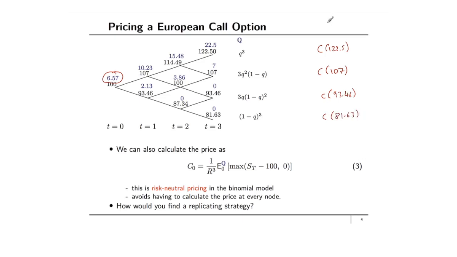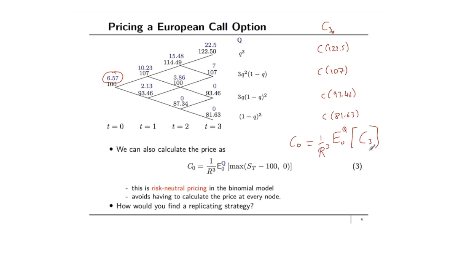So this could be the derivative payoff C3. There's some value at time t equals 3, and its value depends on the security price at t equals 3. So it could be a call option, a put option, or some other funky security. Then I can calculate this price as 1 over R cubed times the expected value, using these risk-neutral probabilities, of C3.